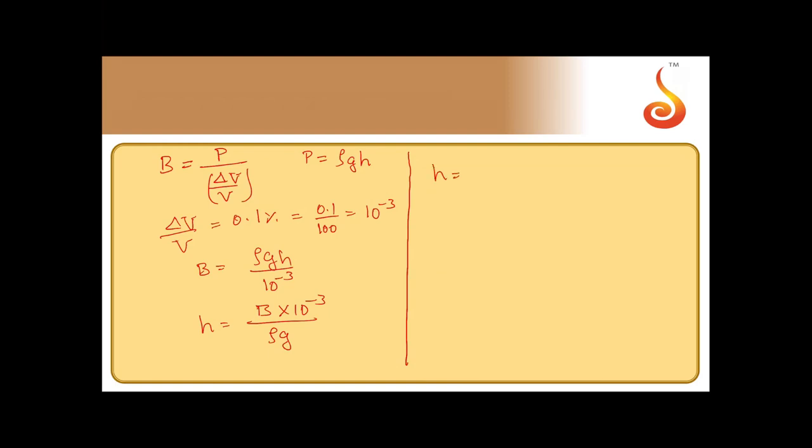H is equal to B is 9 into 10 to the power 8 into 10 to the power minus 3 divided by density of water is 10 to the power plus 3 into 9.8. So this turns out to be 92 meters. So that is option C. So roughly 100 meters.